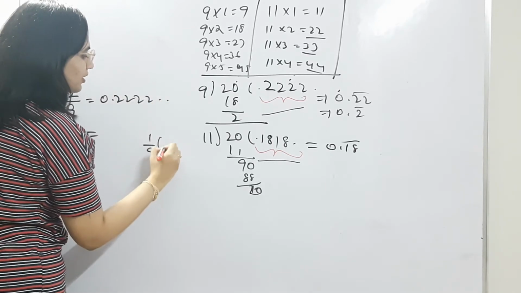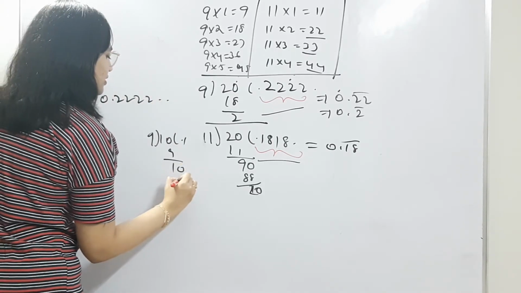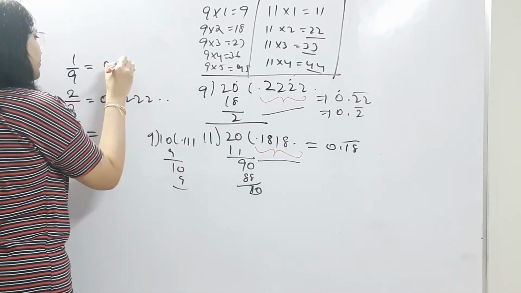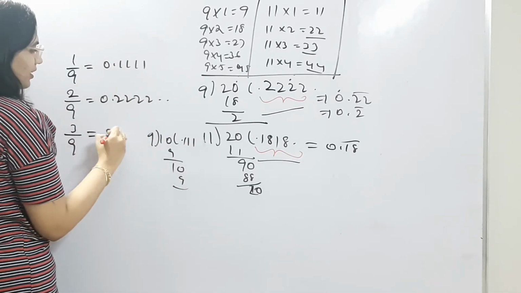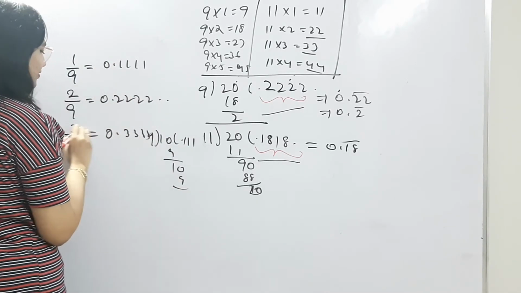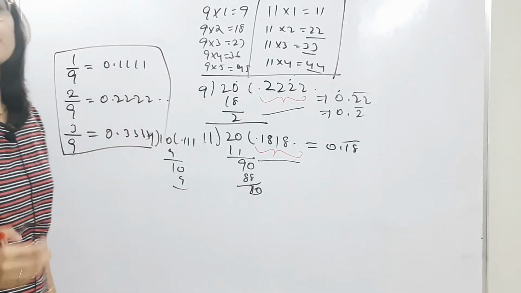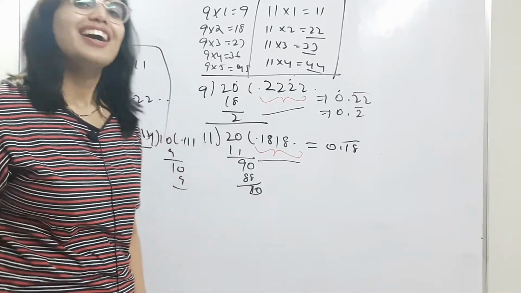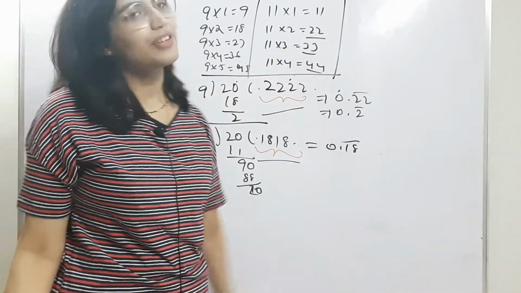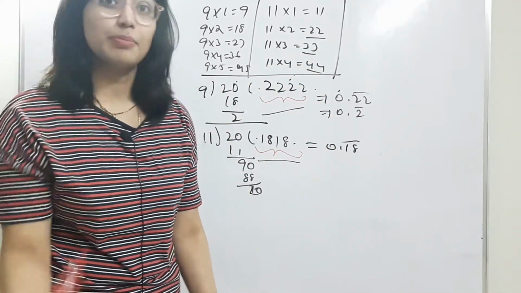What is 1 by 9? 0.1111. Again, see? 1, 1, 1. And what is 3 by 9? We get 3, 3, 3. So, the value of 1 by 9, 2 by 9, 3 by 9, 4 by 9, etc. are nothing but the multiples of 11 respectively of that number.